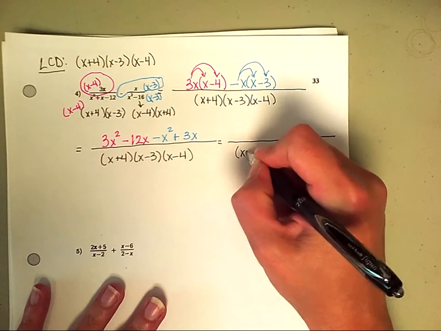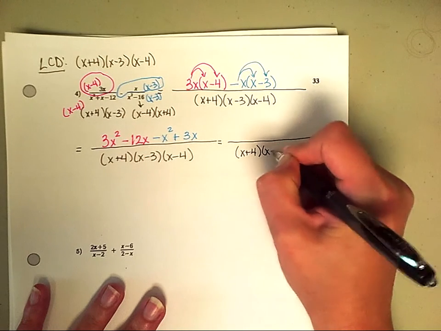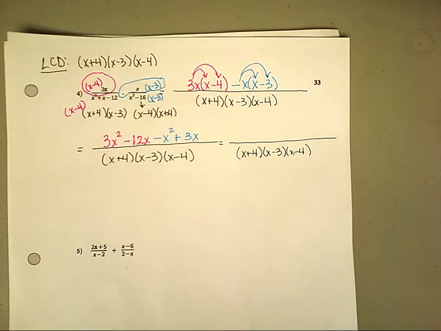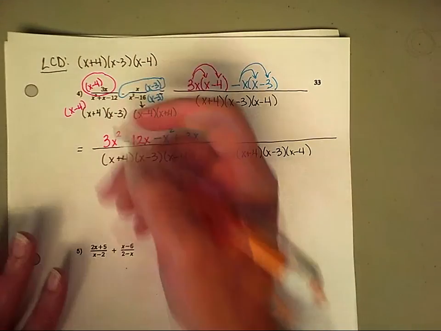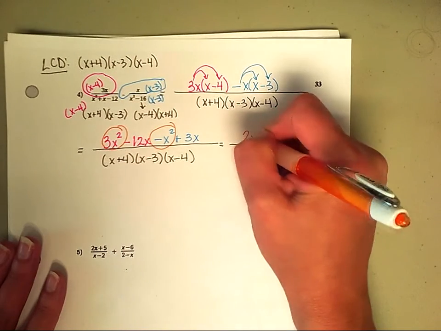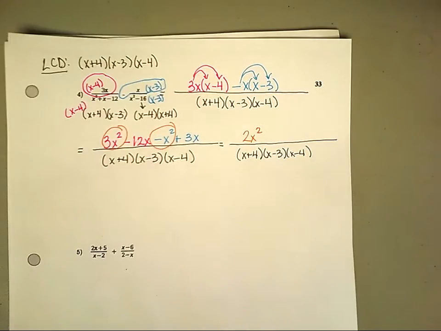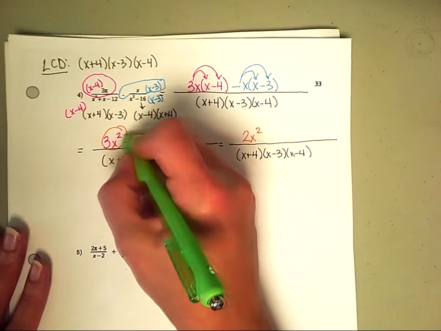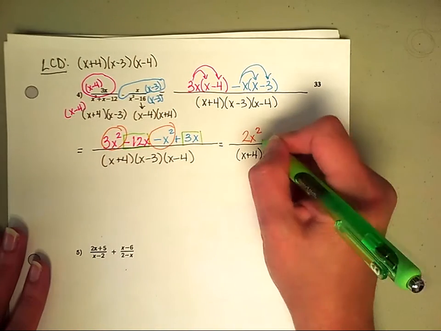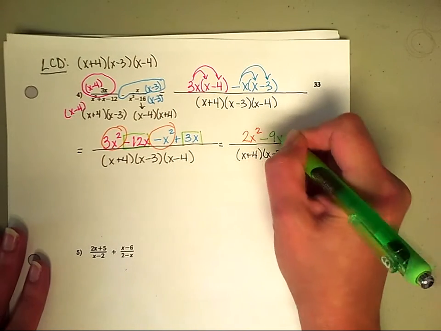So we'll rewrite the common denominator. Now 3x squared minus x squared is 2x squared. Minus 12x plus 3x is minus 9x.